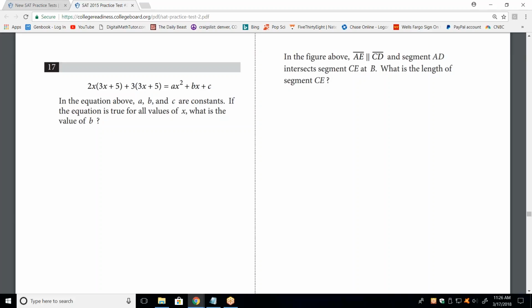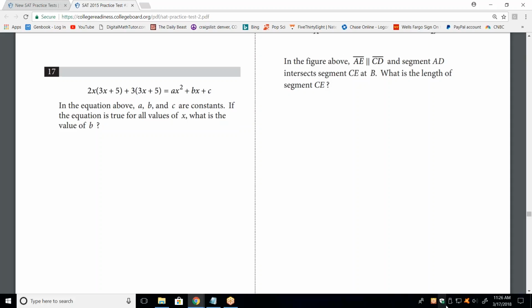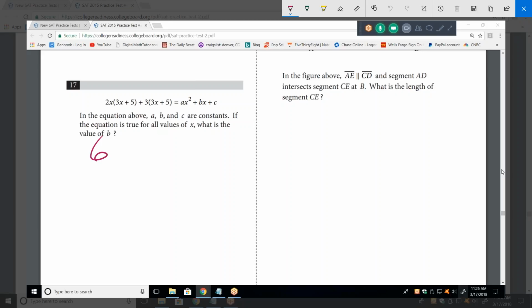Foil? Yes. Well, not FOIL. Multiply, distribute. You have to multiply this 2x by both of those two terms and multiply that 3 by both of those two terms. So what do you get? Right. So first one, 6x squared plus 10x plus 9x.